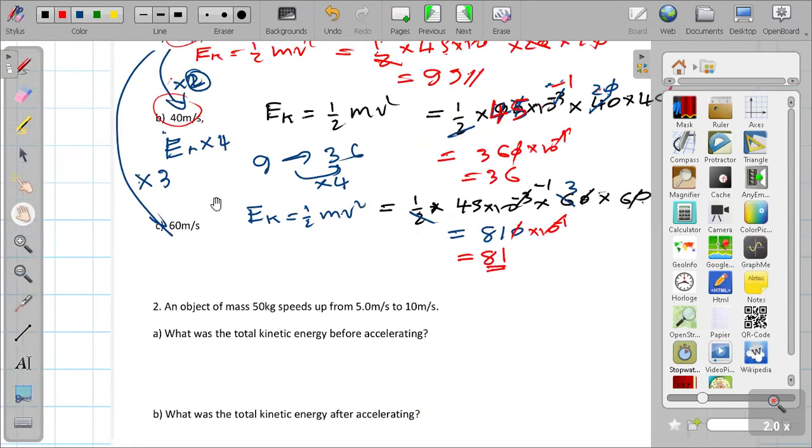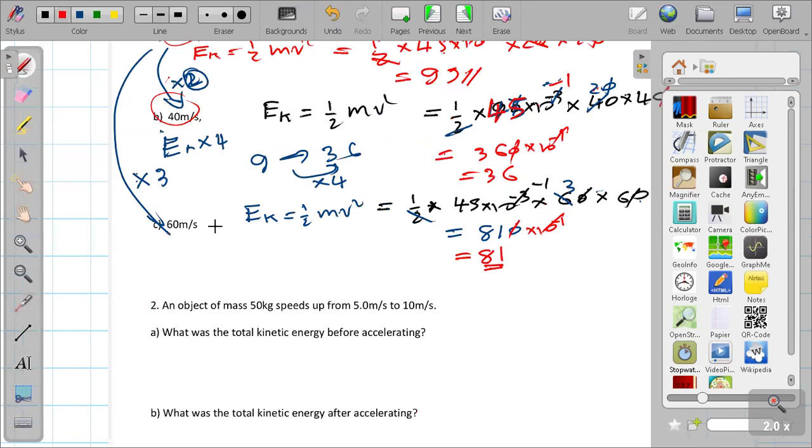So again, see the pattern at the beginning.